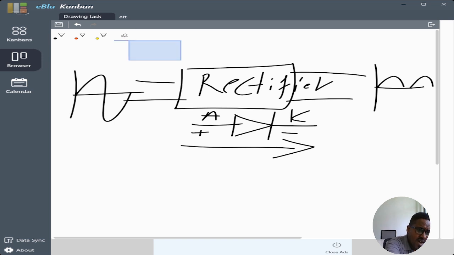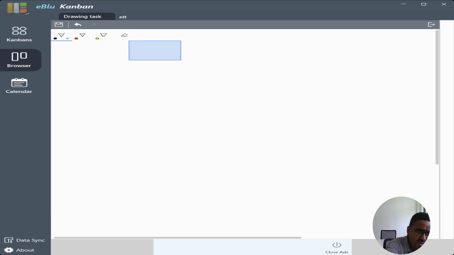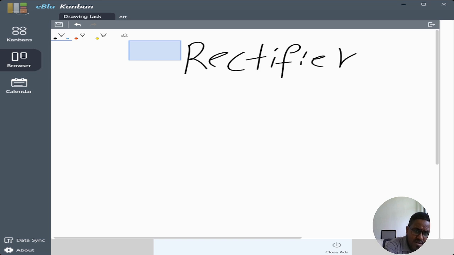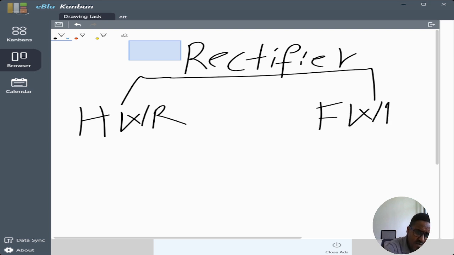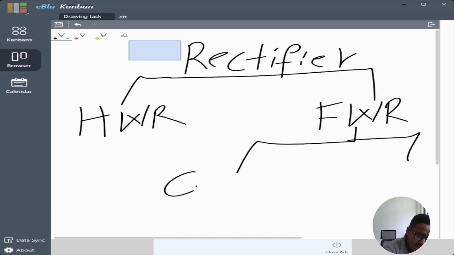We can divide rectifiers into three types. Let's see first the half wave rectifier and the full wave rectifier. That means three parts, because the full wave rectifier is also divided into two: the center tap type of transformer full wave rectifier and the bridge type of full wave rectifier.